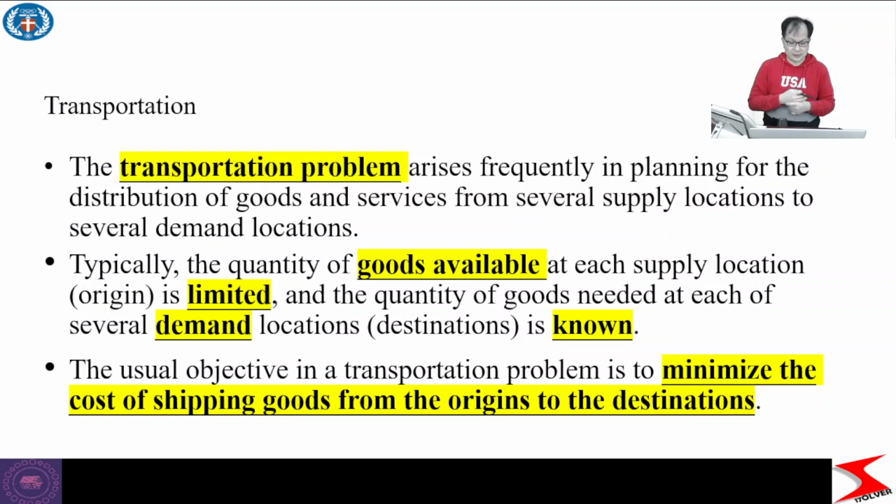Typically, the quantity of goods available at each supply location, which we call the origin, is limited, and the quantity of goods needed at each of the several demand locations, which we call the destination, is known. The usual objective in the transportation problem is to minimize the total cost from the origin to the destination. Of course, if you know the profit of the arc, you can use the objective of maximizing profit.